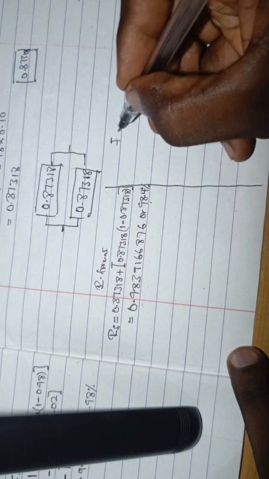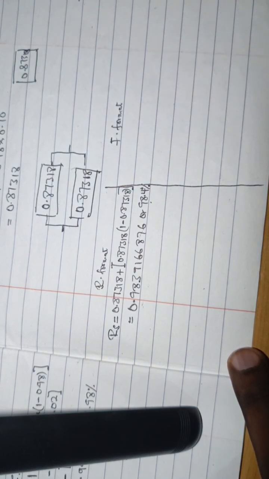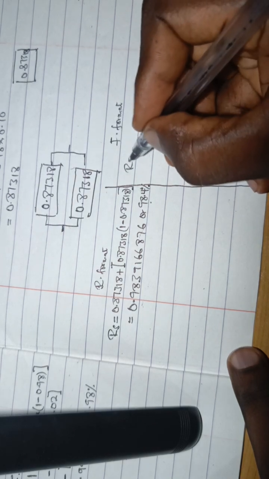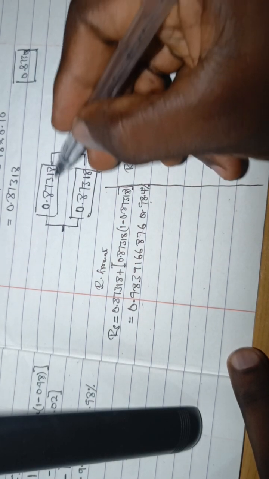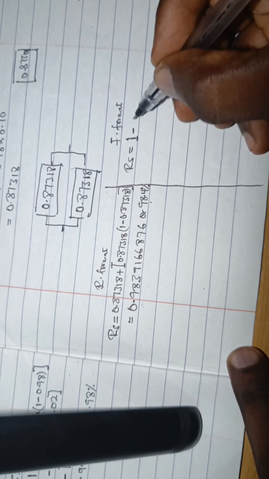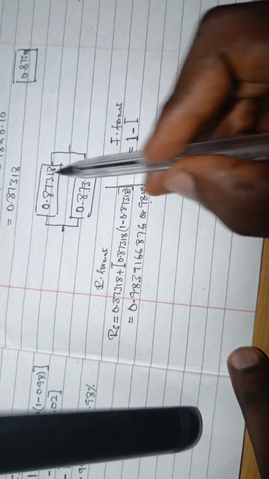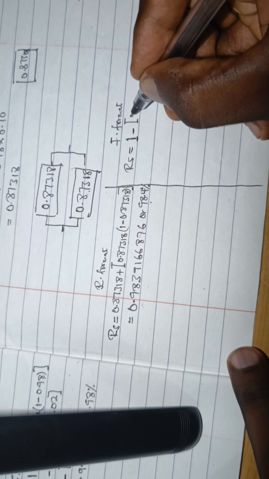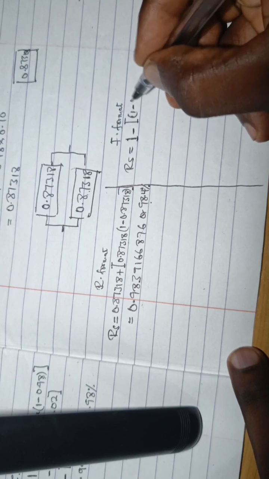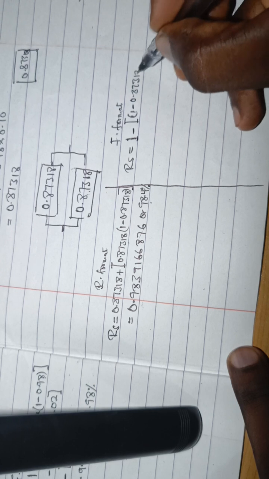So let's use the failure format to see if we are going to get the same answer. So like I said, with the failure format, we assume this whole system to be one. Okay, one functional system. Then we open a big bracket. Then we subtract the failure for this component and this component from one, and we'll multiply them. So it's going to be small bracket 1 minus 0.87318.